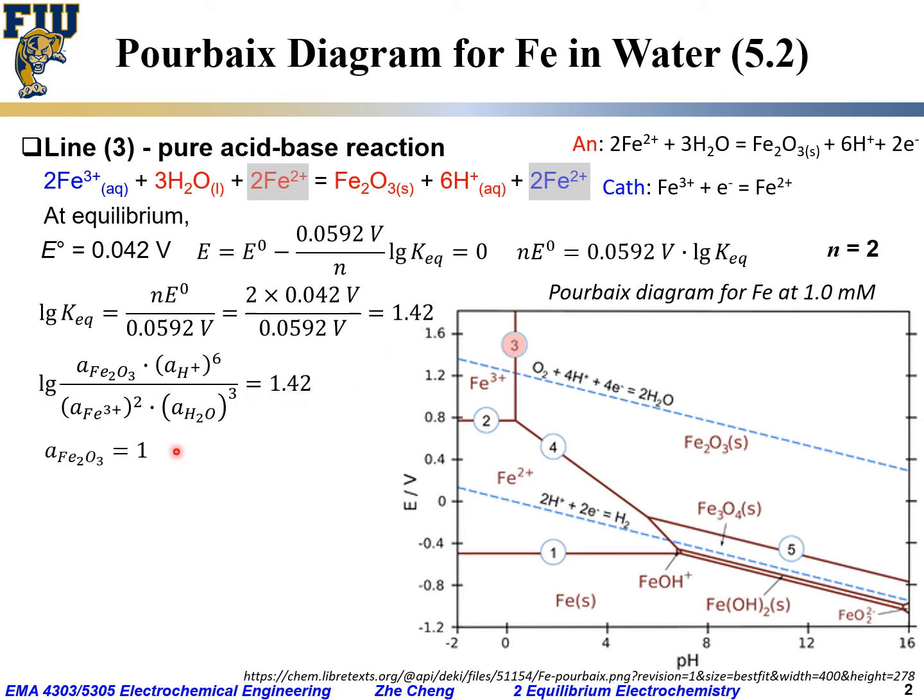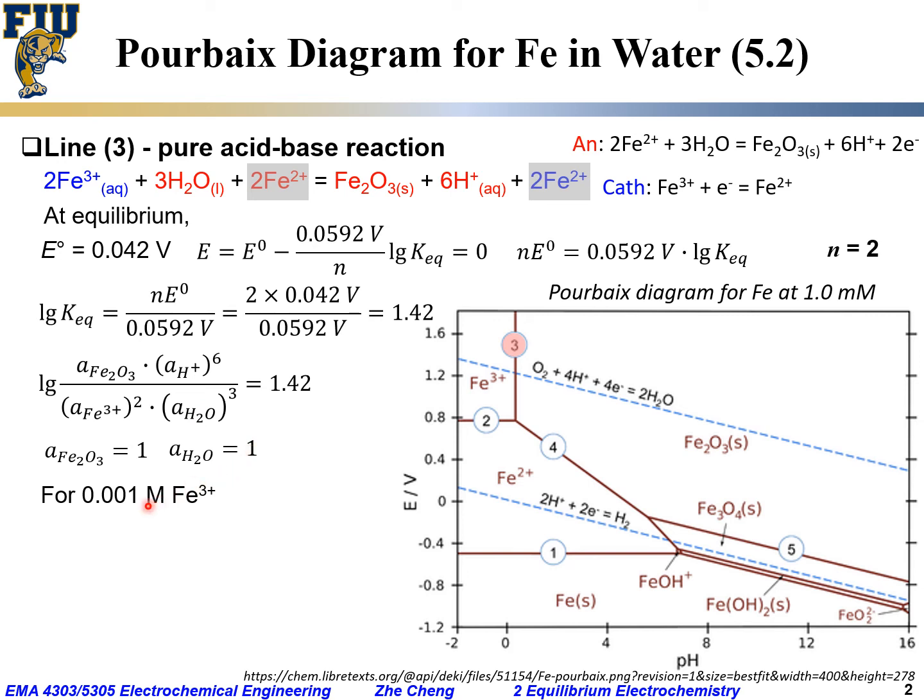That's what we got. And for solid iron oxide, iron 2O3, we said generally the activity is taken as 1. This term would be 1. For solution, the solvent water would also quite often take the activity of 1, which means this term also becomes 1. This term for iron oxide is 1. This term for water is also 1.